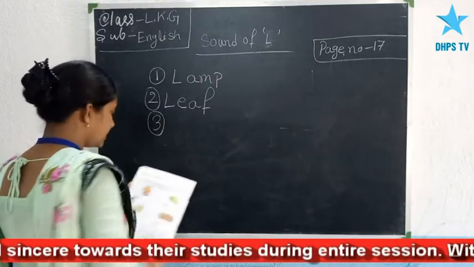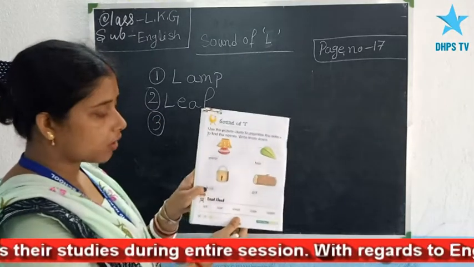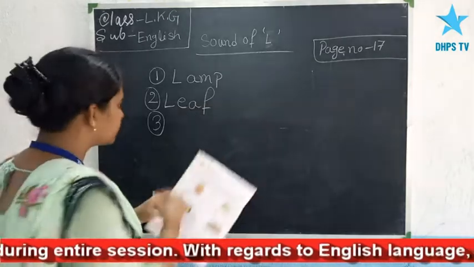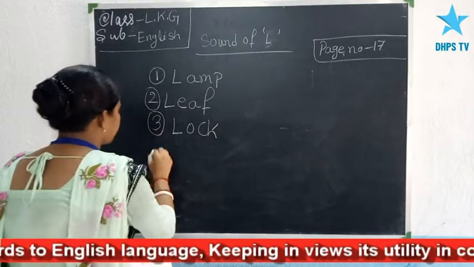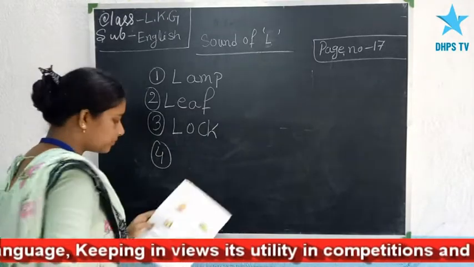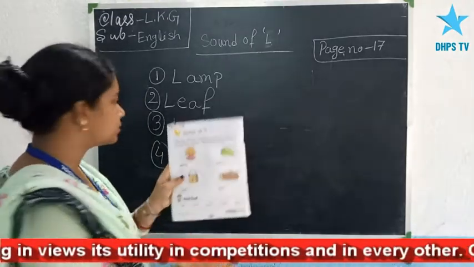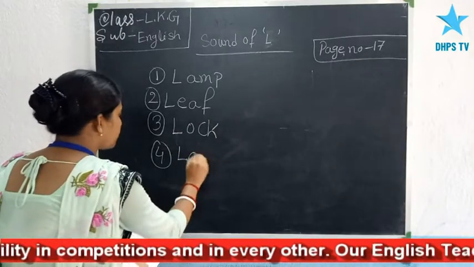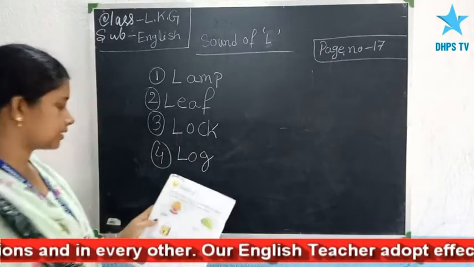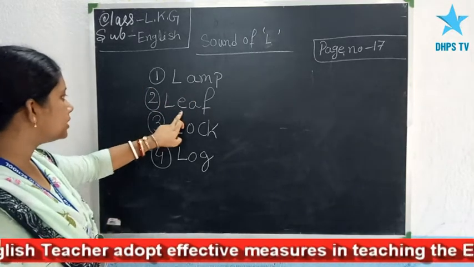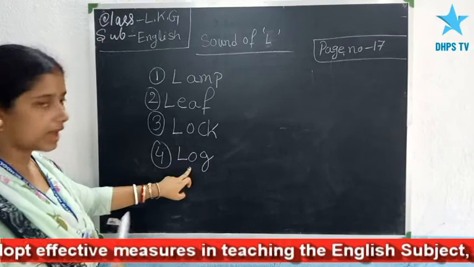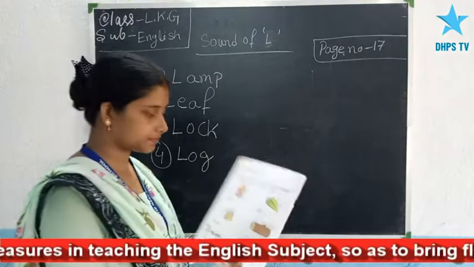Then number 3, lock, L-O-C-K, lock. Number 4, log, L-O-G. Read all the words: lamp, leaf, lock, and log.